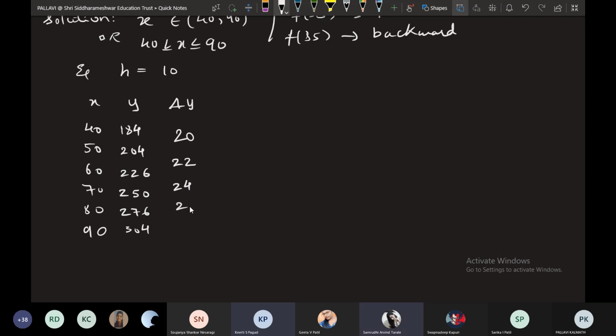Next, 26. Next, 28. Okay, good. Second difference, del square of y: all the differences are 2, 2 and 2. What will be del cube then? 0. All the values are 0. Right?